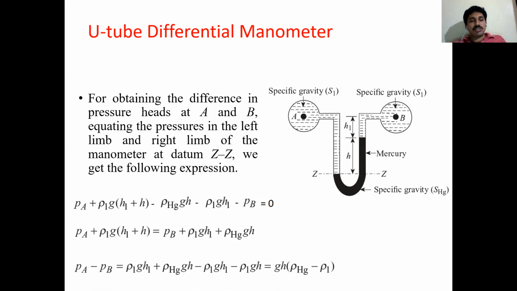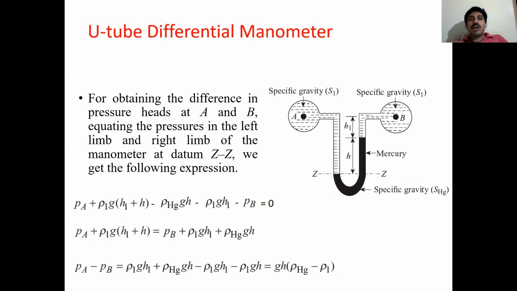PA minus PB is equal to rho 1 g H1 plus rho Hg g H minus rho 1 g H1 minus rho 1 g H. So rho 1 g H1 will be cancelled. So the final equation becomes gH in brackets (rho Hg minus rho 1). Rho Hg means density of mercury. Rho 1 is the density of the liquid which is in pipeline A or B.